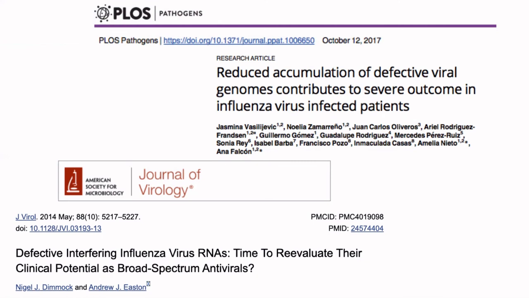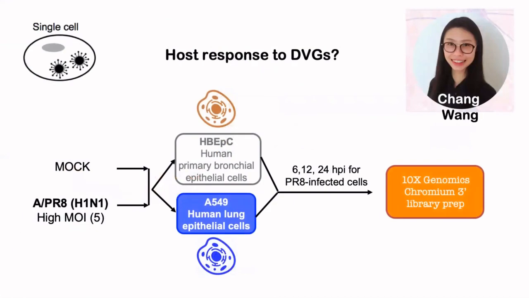And he has been pushing for DVGs as antivirals, so completely different than what we have right now. A new way of controlling virus infections. But what we need to do, in understanding these defective interfering DVGs, is to really know what's happening at the cell level. What is the response to these defective viruses?